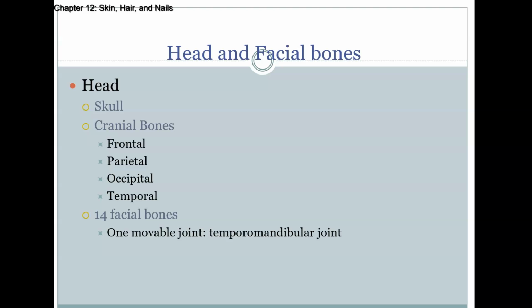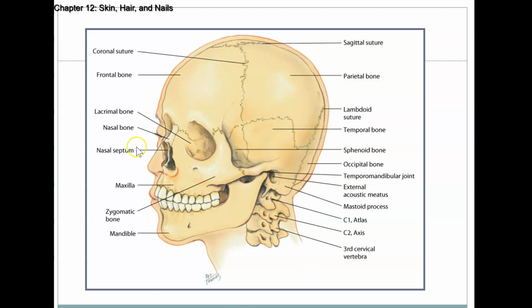So those are the four bones, and then you have 14 facial bones, and one of those is a movable joint, which is your temporomandibular joint, which you assess for TMJ.